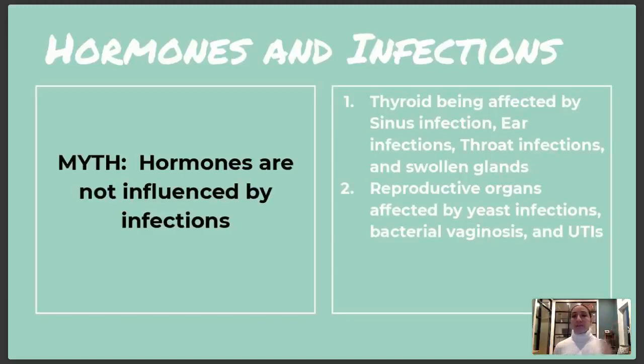So the same thing really goes for reproductive infections. For those of you that are familiar, your thyroid talks to your pituitary gland, which is the control center. Your thyroid and pituitary gland also talk to your adrenals. They also talk to your reproductive organs. That's what we call the HPA axis.